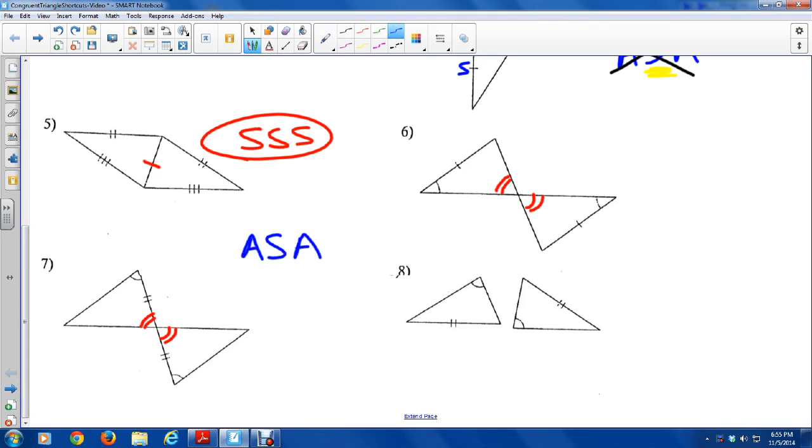It could be angle, side, angle. And it could be angle, angle, side. 2 pairs of angles congruent, 1 pair of sides. Look to see which one of those is angle, side, angle, and one is angle, angle, side. See if you can decide for yourself which one has the included side pair congruent.